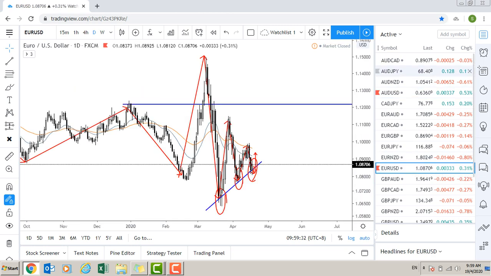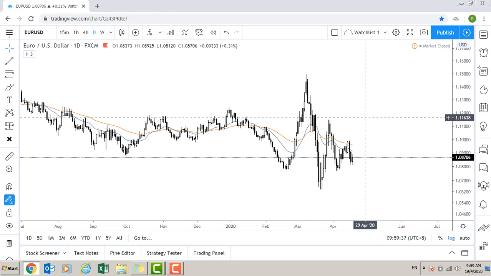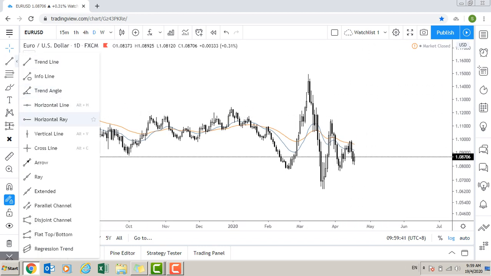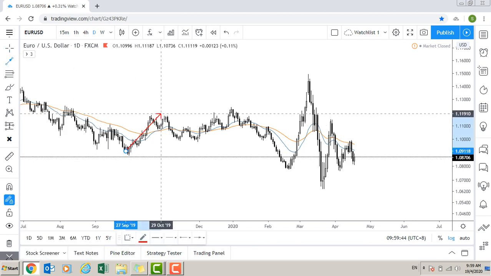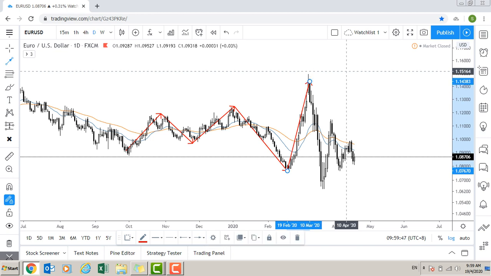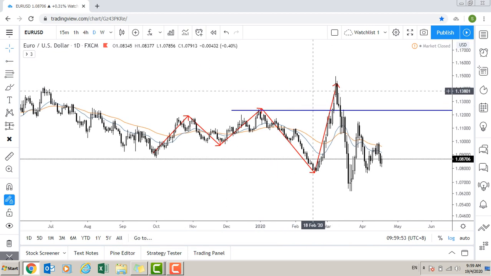Then we move on to euro dollar. Okay, EUR USD, basically I have a neutral stand, mainly because when I see this strong upward move, my initial thought was, oh yeah, it might be a breakout.